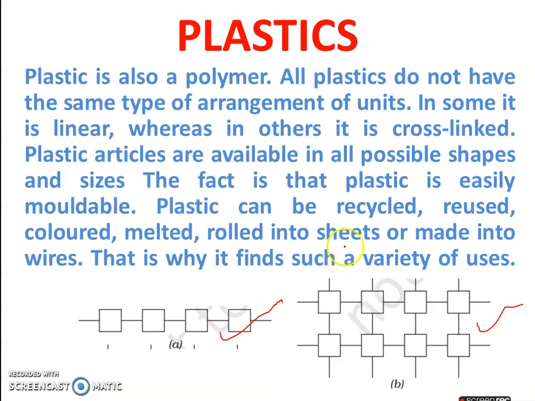Plastic articles are available in all possible shapes and sizes. The fact is that plastic is easily moldable. Plastic can be recycled, reused, colored, melted, rolled into sheets and made into wires. That is why it finds such a variety of uses.